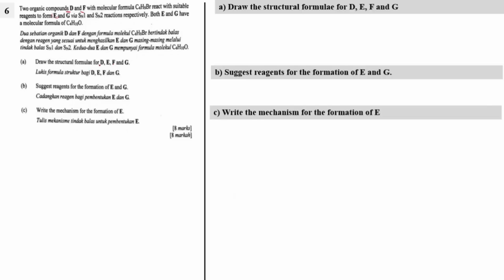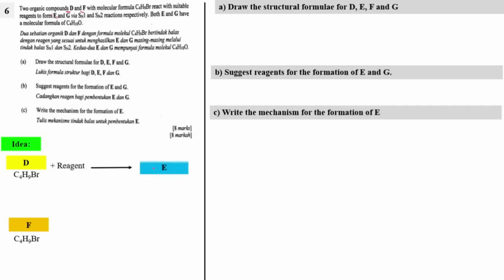In order to understand this question better, as usual, we need to start off with an idea. When we read the question again, we know that the organic compounds D and F will have the molecular formula of C4H9Br. D will react with a suitable reagent to form E via SN1 reaction.